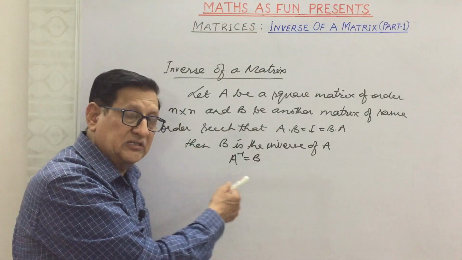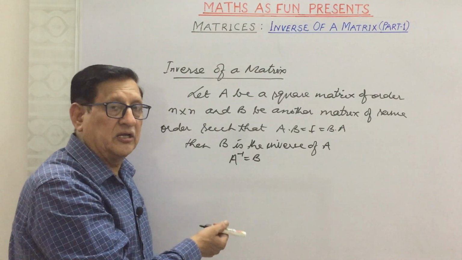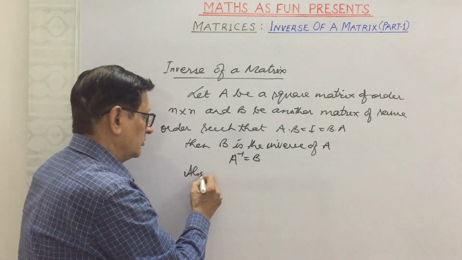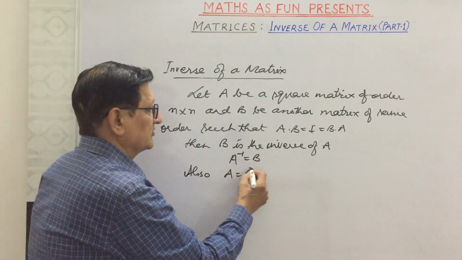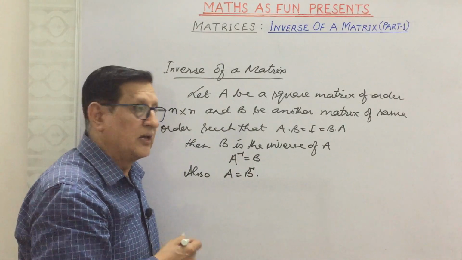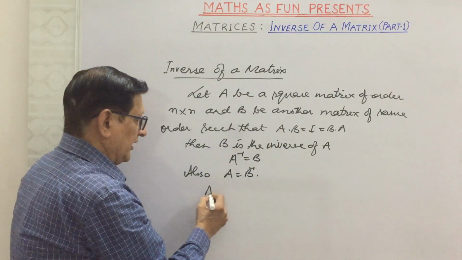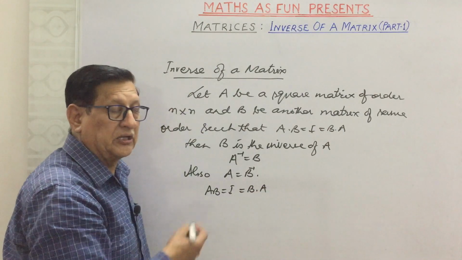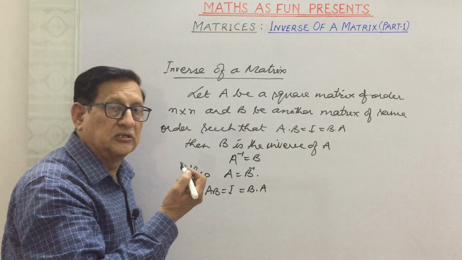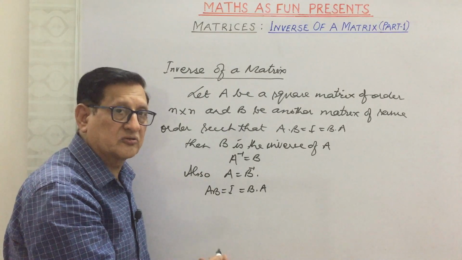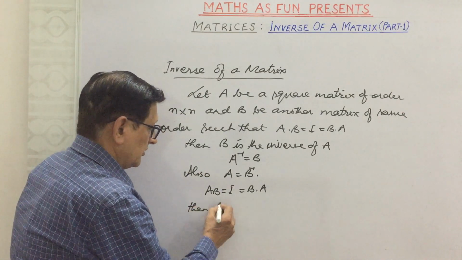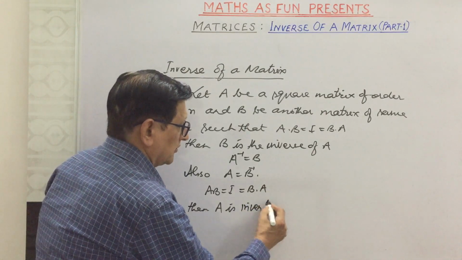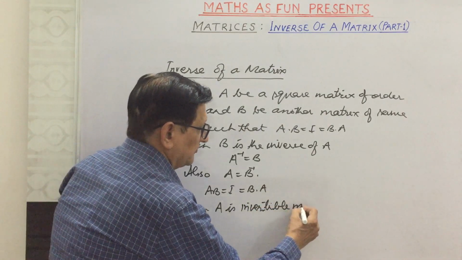If B is the inverse of A, certainly A is also the inverse of B. And if we find that A into B is equal to I is equal to B into A, then we also say that A is an invertible matrix.